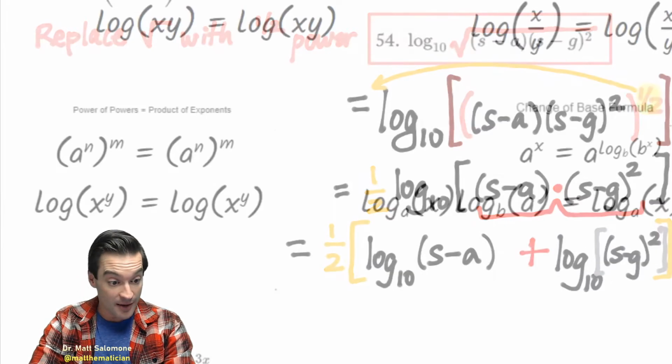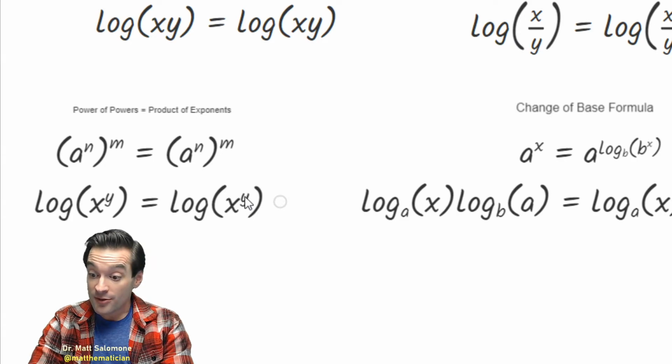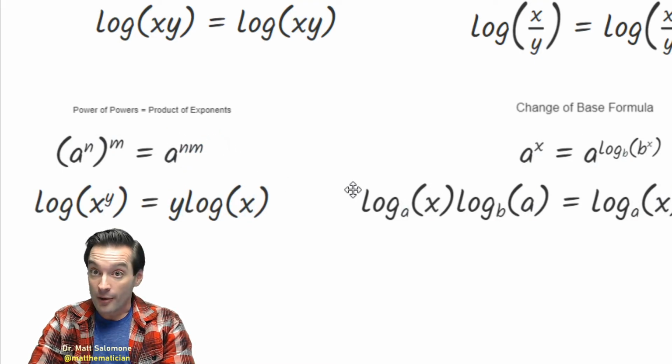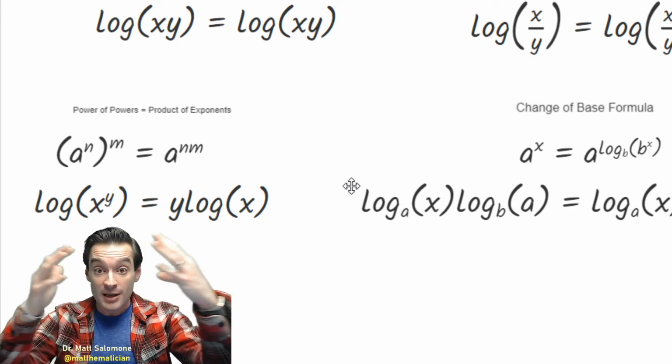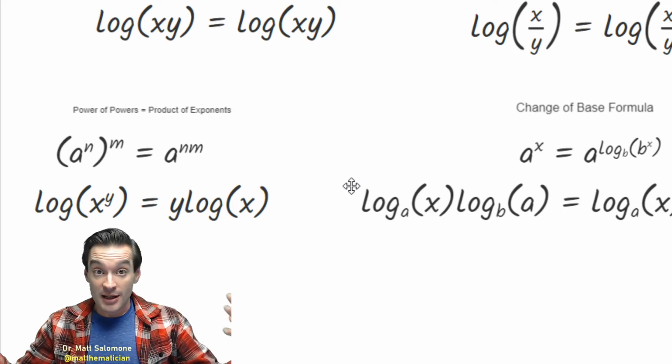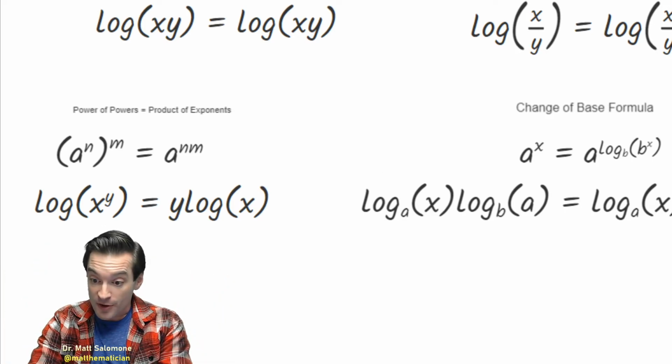So once again, that power inside of the logarithm can become a multiple on the outside of the logarithm, for the same reason that a power of a power is equal to a power using the same base but with a product of the exponents. Exponentiation turns multiplication into exponentiation, and so logarithms turn exponentiation into multiplication because those functions are inverse to one another.